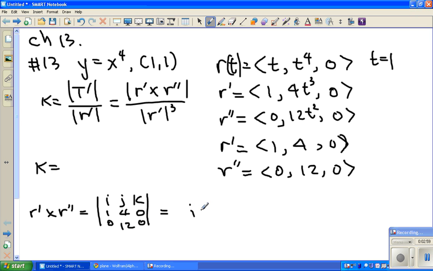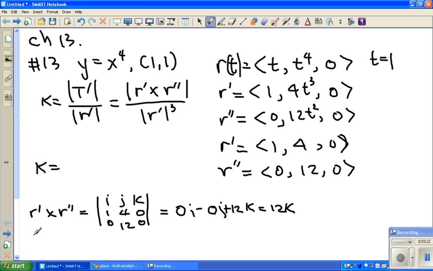Here we get i, minus j, and k. Let's evaluate it. The coefficient of i is equal to 0. The coefficient of j is equal to 0. And the coefficient of k would be equal to 12.